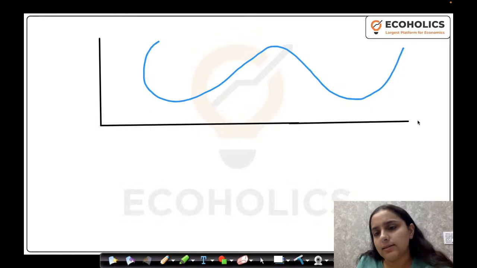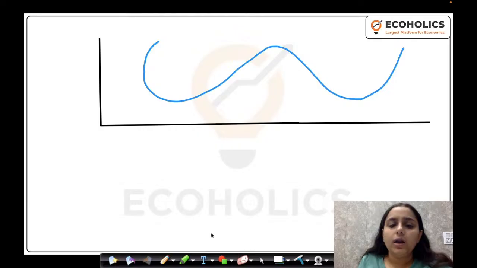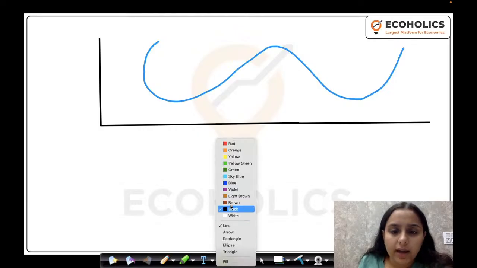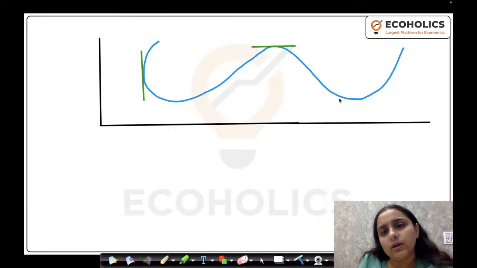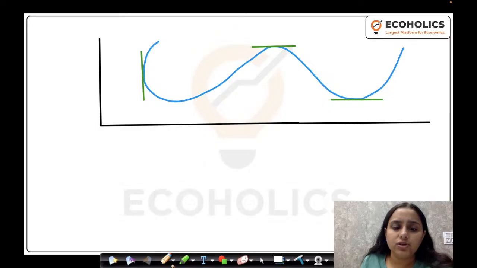Something like this. Now understand what is happening. Over here, I have vertical tangent. You can clearly see. Here I have horizontal tangent. Here as well, I have horizontal tangent. ठीक है, what is there? यहाँ पे I have vertical tangent.